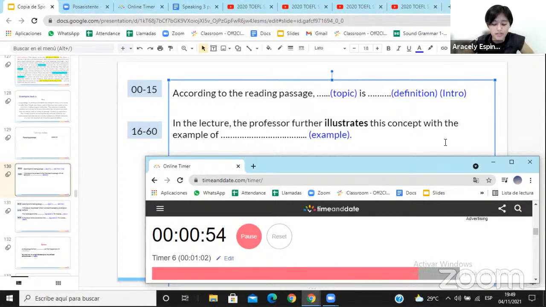According to the reading passage, the comfort zone bias is familiar situations where we can have a natural preference.